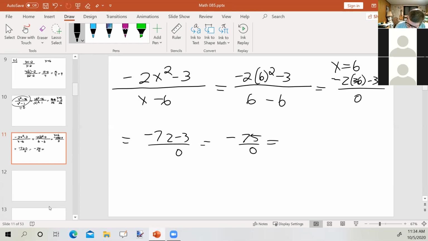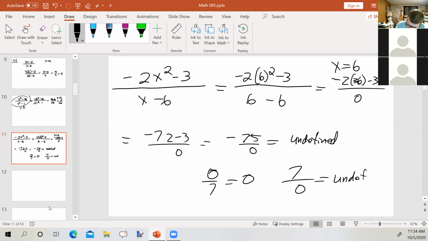But what is dividing by 0? Undefined. Remember, you can't divide by 0. The universe collapses. Bad things happen. If you have 0 divided by a non-zero number, that's equal to 0. But a non-zero number divided by 0 is undefined.